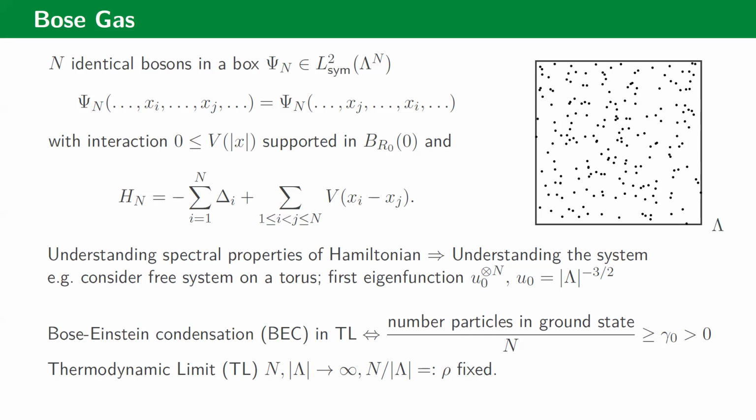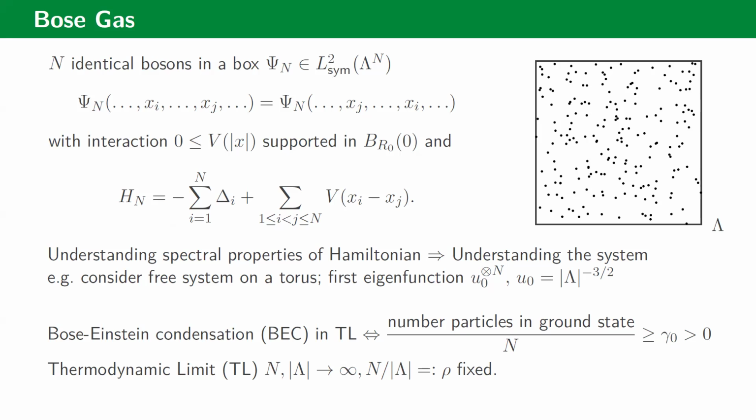The system has a very trivial eigenfunction. You don't need Slater determinants, because for bosons all particles can be in the same state. So the ground state has all particles in the same state, namely just constant, because if you act on this with the Laplacian, your energy is 0.